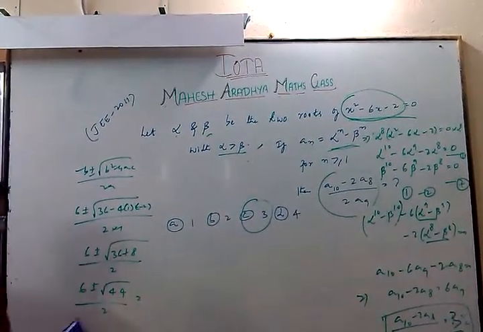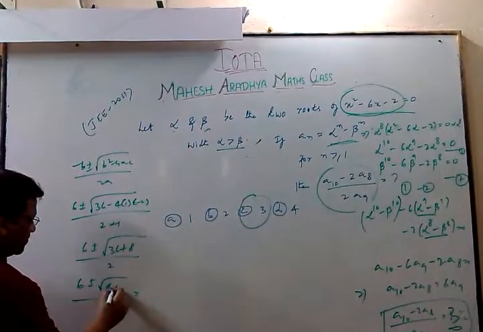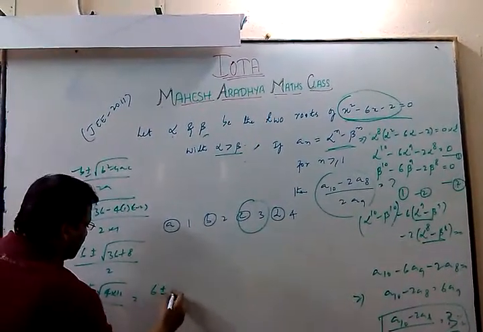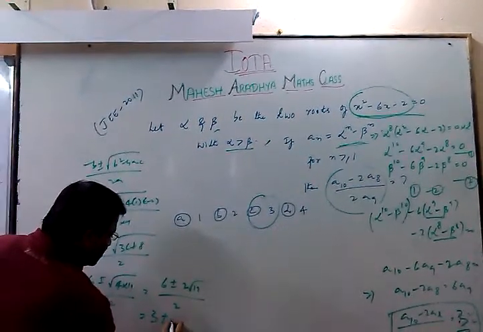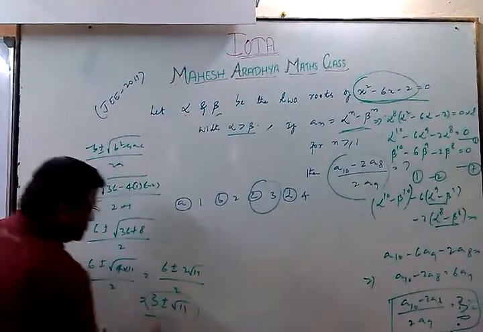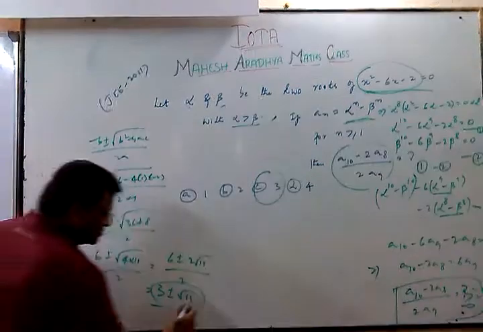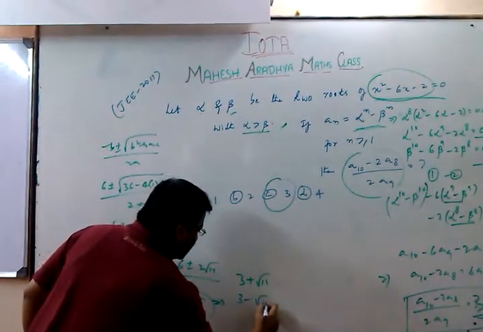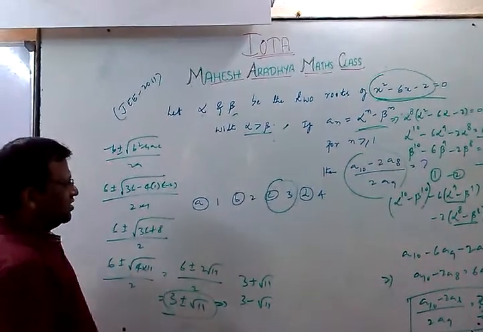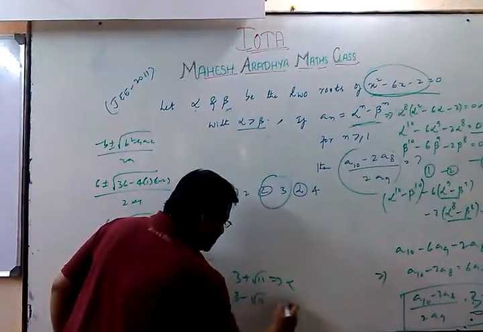Root 44 can be taken as 4 into 11. 6 plus or minus 2 root 11 divided by 2, which implies 3 plus or minus root 11. So the two roots are 3 plus root 11 and 3 minus root 11. Since alpha is greater than beta, this is alpha and this is beta.